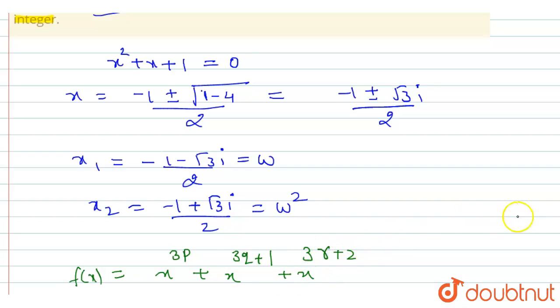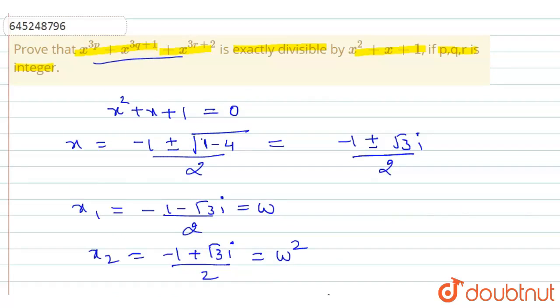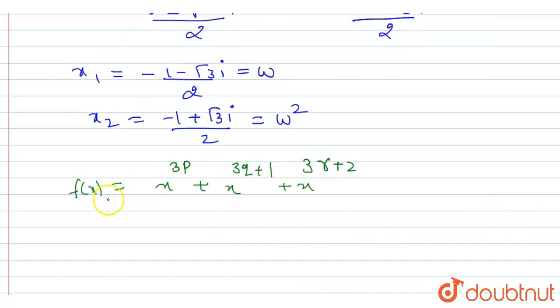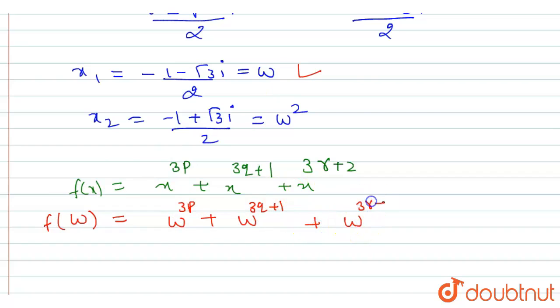Now we will put f of omega in this, because the first root is omega. On putting f of omega, it is omega to the power 3p plus omega to the power 3q plus 1 plus omega to the power 3r plus 2.